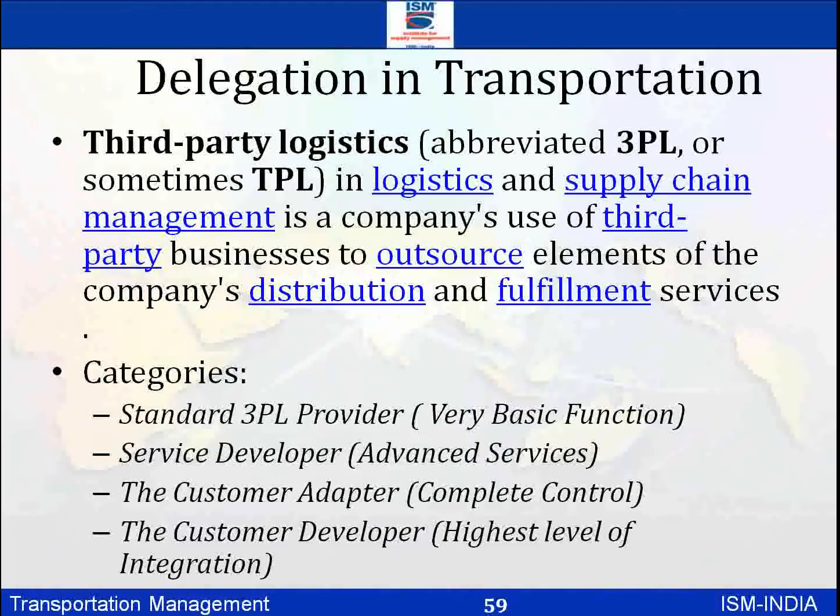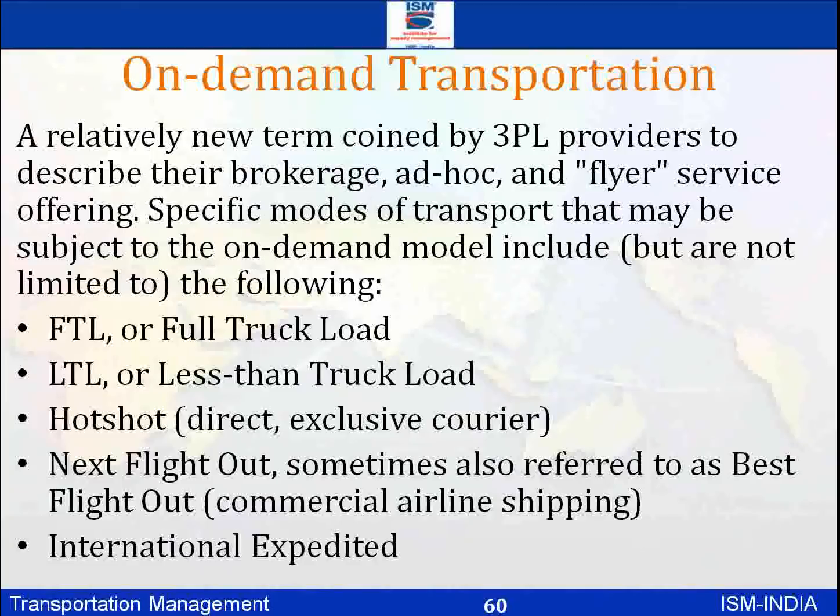But then if you want somebody to provide services like developers, advanced services, customer adopters, and lastly integrating the customer also, there are many further advanced levels. I may have 10 or 12 3PLs, then to manage the 10 3PLs, I need another team in my office. So I may have a fourth PL which oversees the 3PLs. That's how the 4PL comes in.